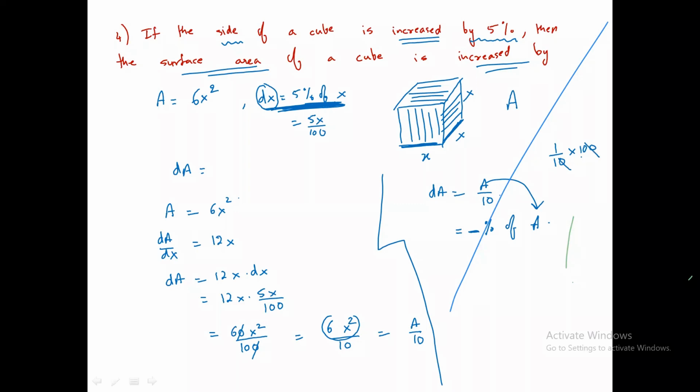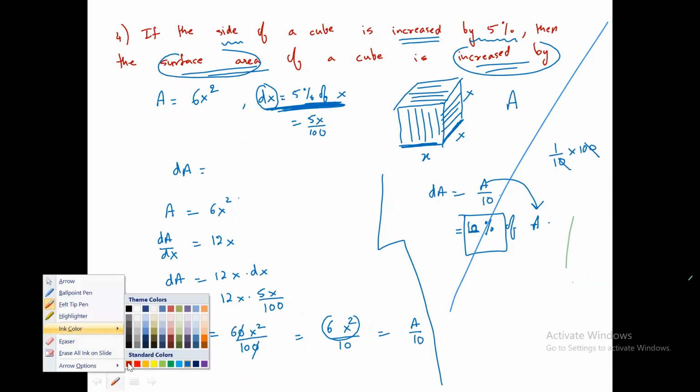So 10 will cancel 10. That means 10% of A. So I have to write the surface area is increased by 10%. 10% is given in the option. And that is my answer. Let's go to next question. Question number 5. We have to find the value of the integral of 1 plus x power 4 by 1 plus x power 6 dx.